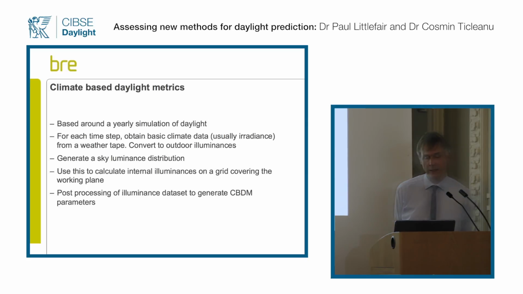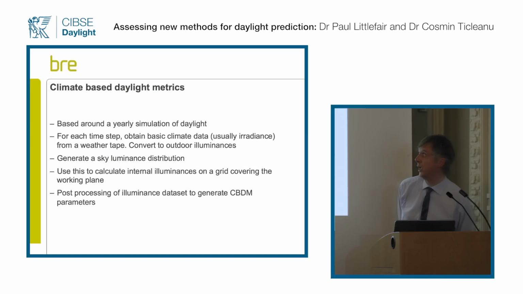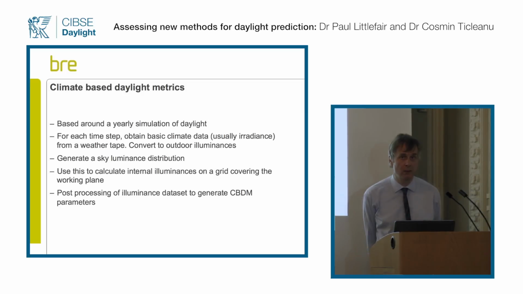And the way that daylight calculation is done is, first of all, to obtain basic climate data from a weather tape. And usually that would be in the form of irradiances, maybe global and diffuse irradiance. And then it's possible to convert those to illuminances.